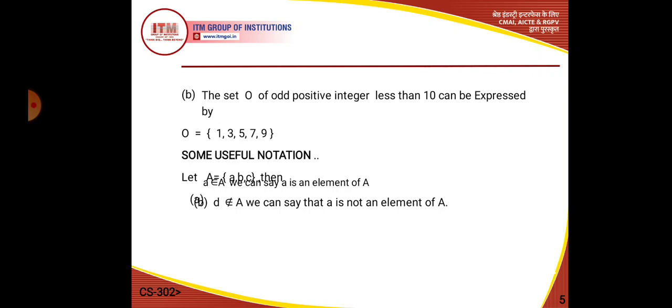Then small a belongs to capital A. We can say a is an element of A. And the second one, d does not belong to capital A. We can say d is not an element of A. So this is the useful notation. If an element belongs to the set, then we can say it's a member of the set.